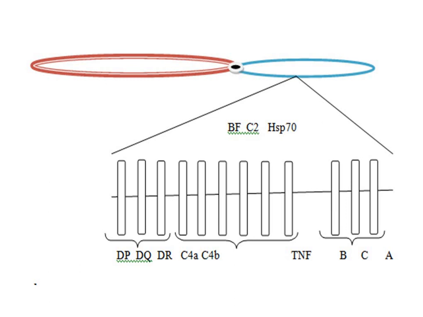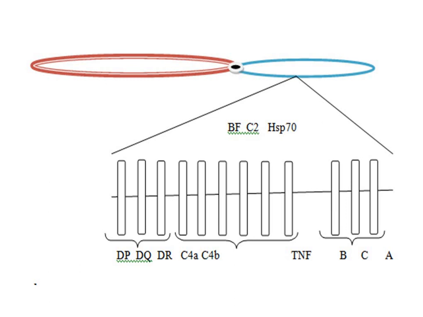The HLA complex of genes is classified into three types, and chromosome 6 contains these three types of MHC molecules: class 1, class 2, and class 3. Class 1 molecules contain the HLA-A, HLA-B, and HLA-C regions.